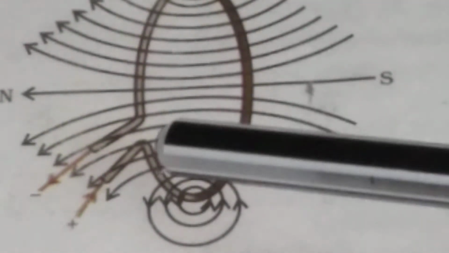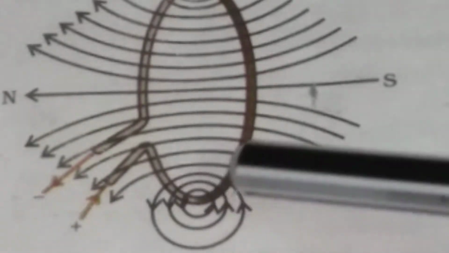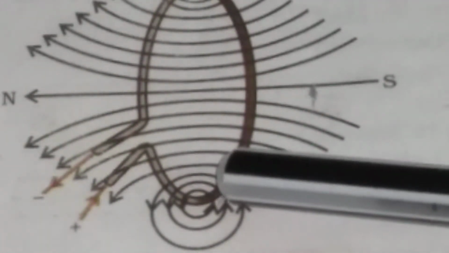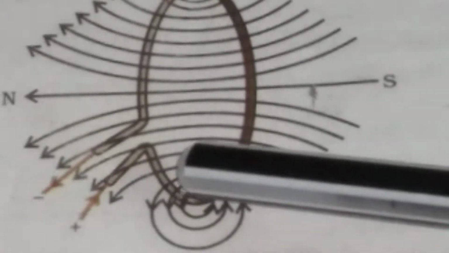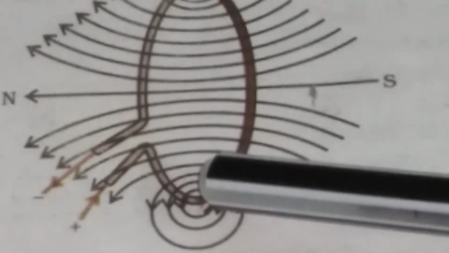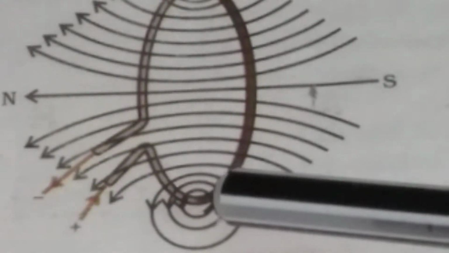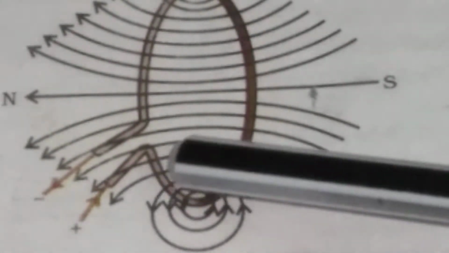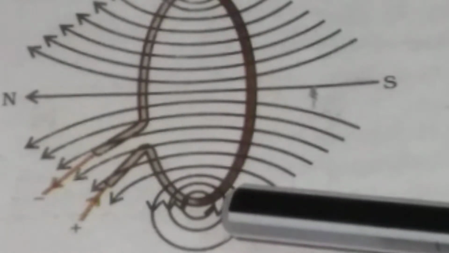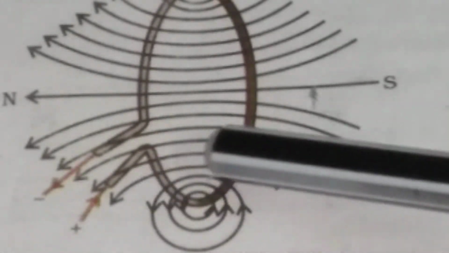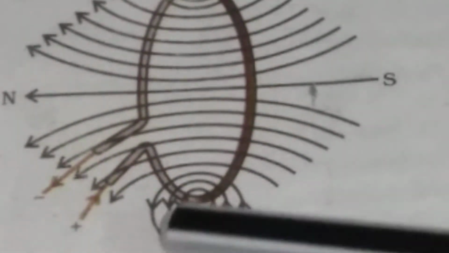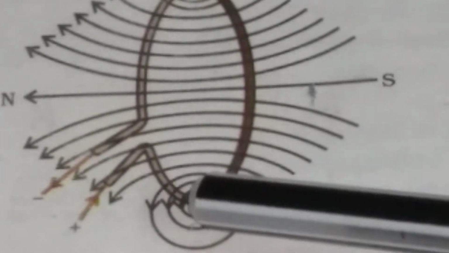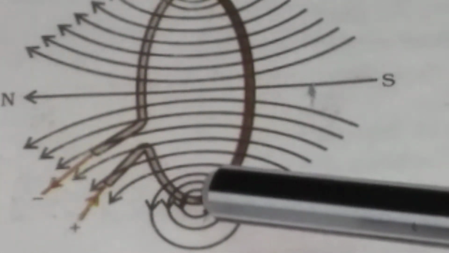So this is a circular loop carrying current. This is a small segment of the circular loop. When current flows through the circular loop, magnetic field will be produced surrounding the conductor, and the magnetic fields so produced are concentric circles.